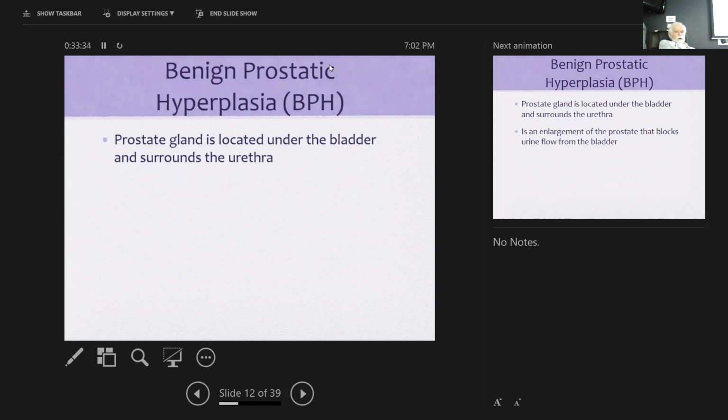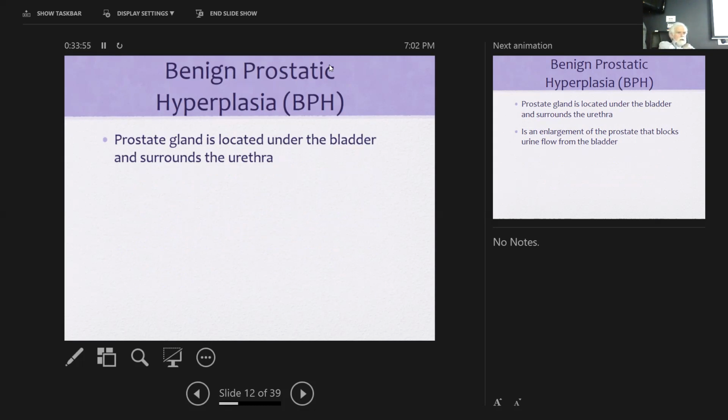A common problem with the genitourinary system in men, obviously, is benign prostatic hyperplasia, which basically just means an enlarged prostate gland. BPH is not cancer.